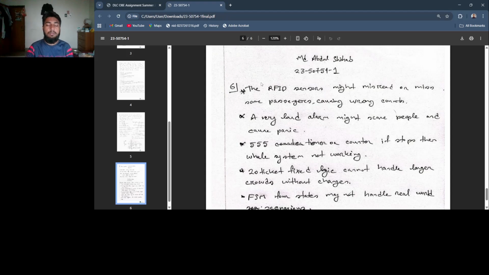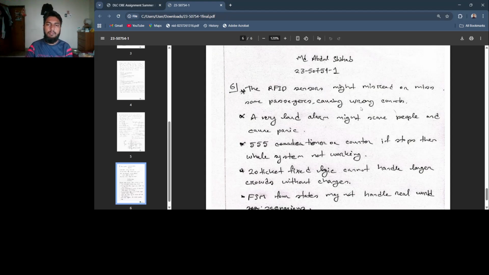I try to find some errors: the RFID sensor might miss some passengers, causing wrong counts. If passengers are more than 20, then it will fail. Then a very loud alarm might scare people and cause panic.